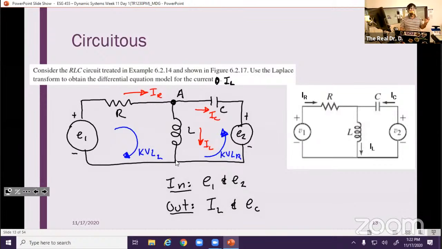All right, so I've got my diagram, I've got my inputs and outputs. Let's write down our truths, right? Mathematical truths. Well, everybody's favorite mathematical truth, right? Is Ohm's law. It's everybody's favorite.